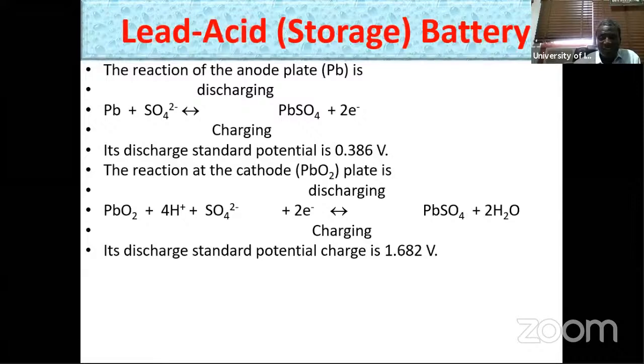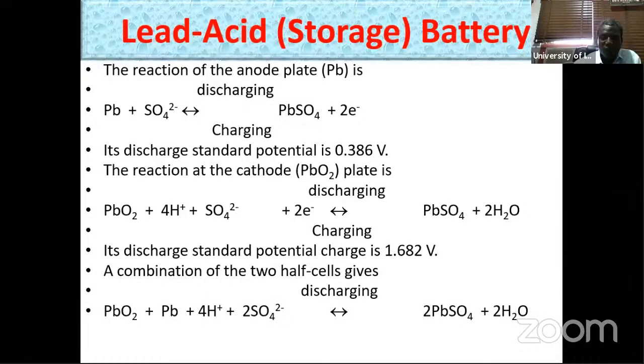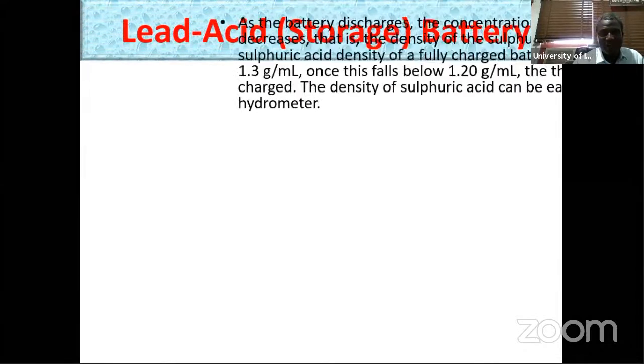You can see it's a bit greater than the other one. When you combine the two, having added them together, your overall discharge voltage is going to be 2.068 volts. So that is your lead acid storage battery.